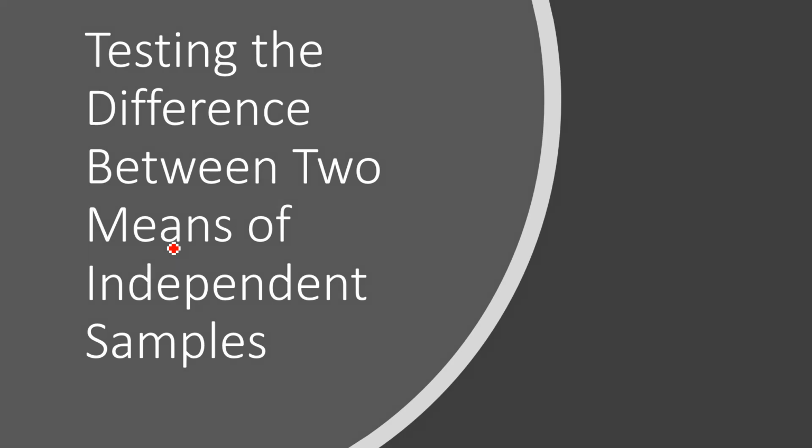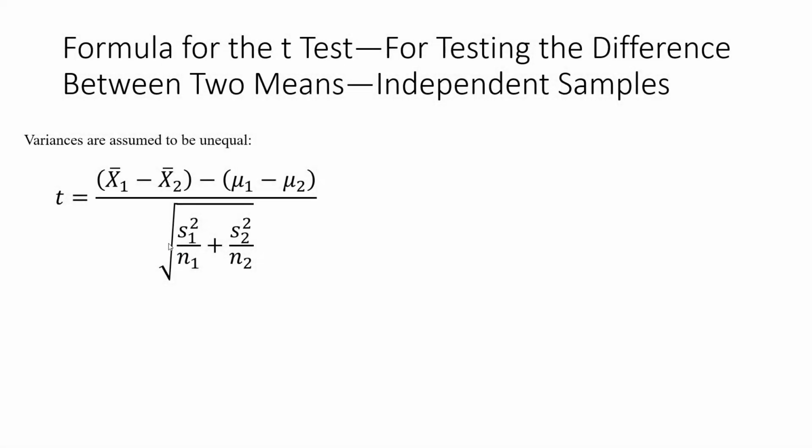Okay, so this would be the formula of the t-test for testing the difference between the two means of independent samples. If the variances are assumed to be equal, then this would be our formula.